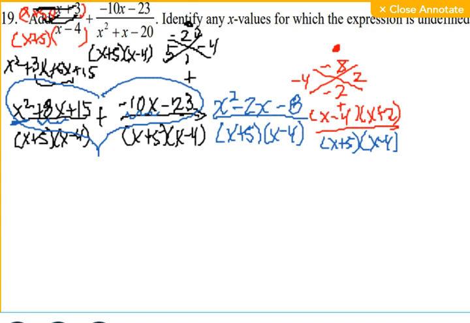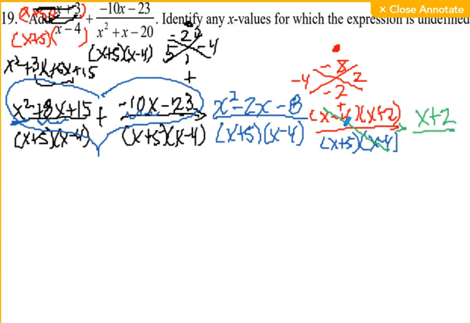And we simplify by giant ones. Do you see the giant one? Yeah, the x minus 4. And that leaves us with x plus 2 over x plus 5.